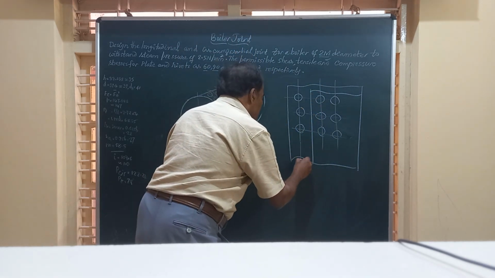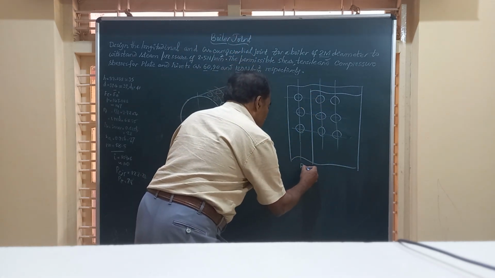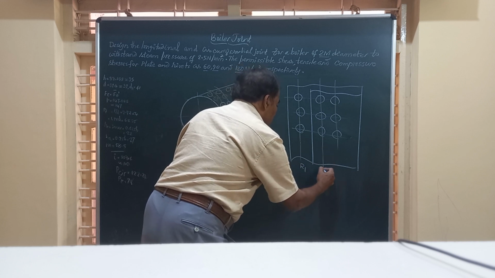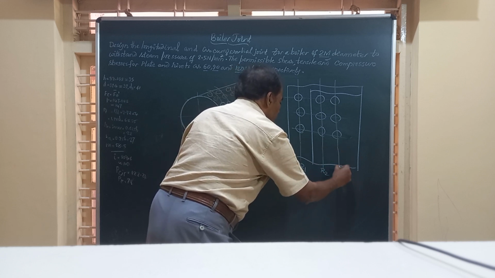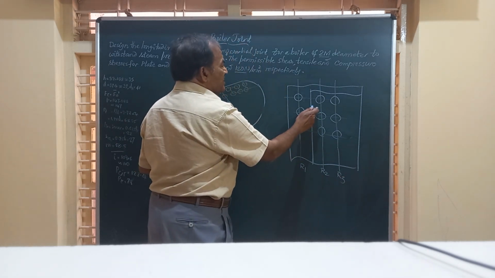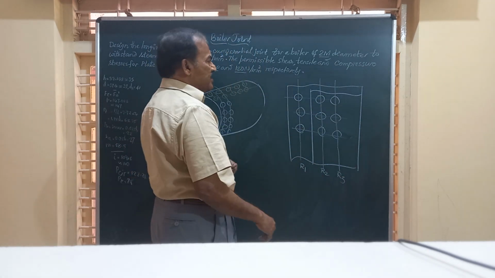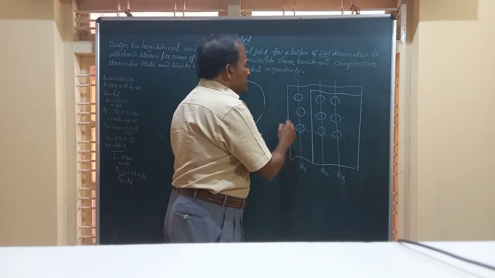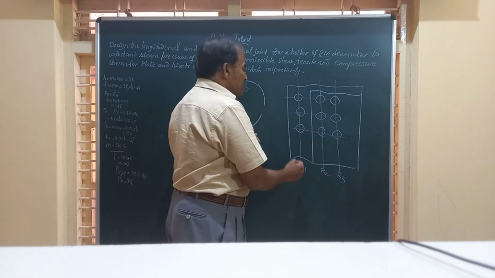So friends, I will write down here R1, row 1, this is row 2 and this is row 3. There are 3 rows. Here is the upper plate and there will be one more plate below that. And here, friends, there are 2 cover plates.